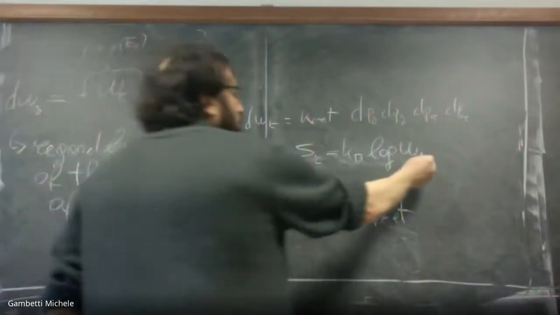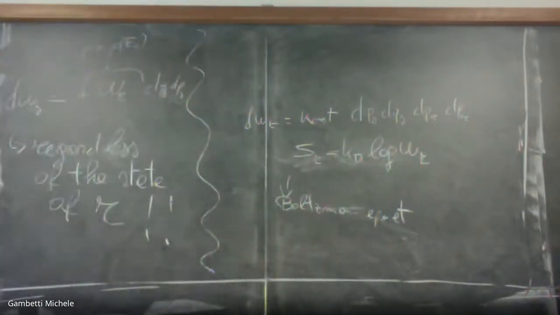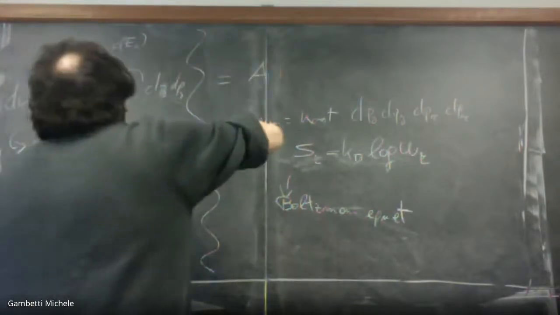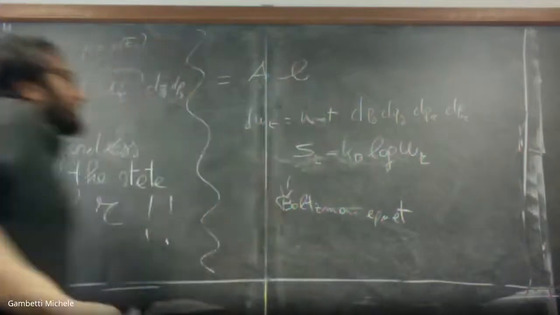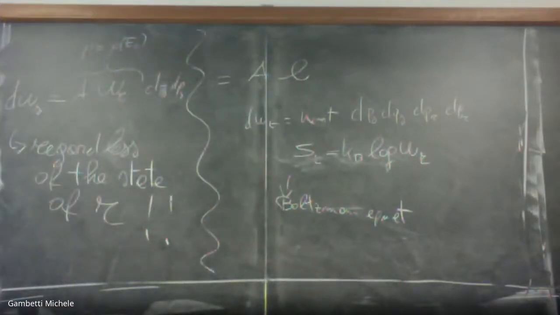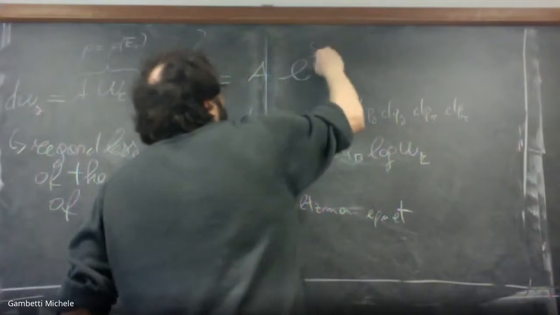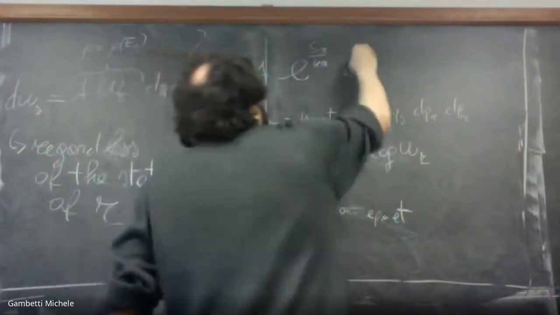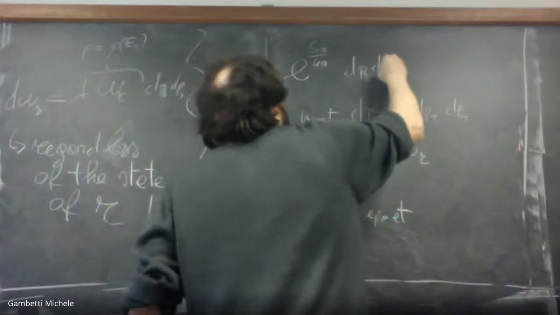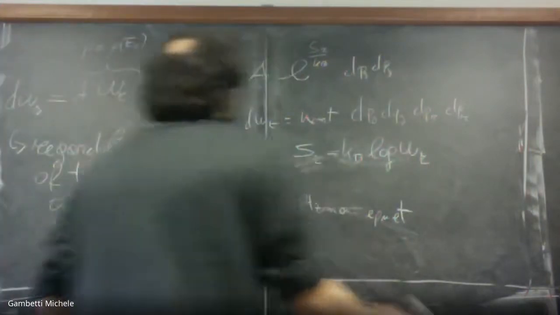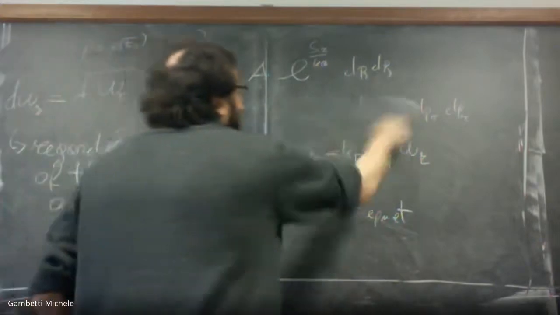Therefore, I can compute omega R in terms of the entropy of the reservoir, and this is equal to A times the exponential of the entropy divided by kB, and this I have dPS dQS. Now what I need to do is just a Taylor expansion, and then I'm done.